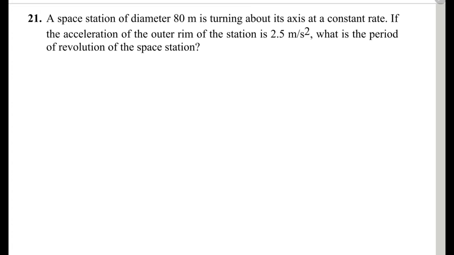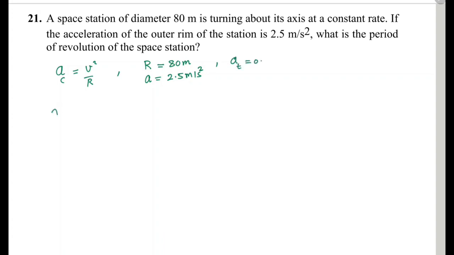A space station of diameter 80 meters is turning about its axis at a constant rate. If the acceleration of the outer rim of the station is 2.5 meters per second squared, what is the period of revolution of the space station? Now to find this, the central acceleration equals v squared over r, and r in this case is 40 meters, and a equals 2.5 meters per second squared, and no tangential acceleration.